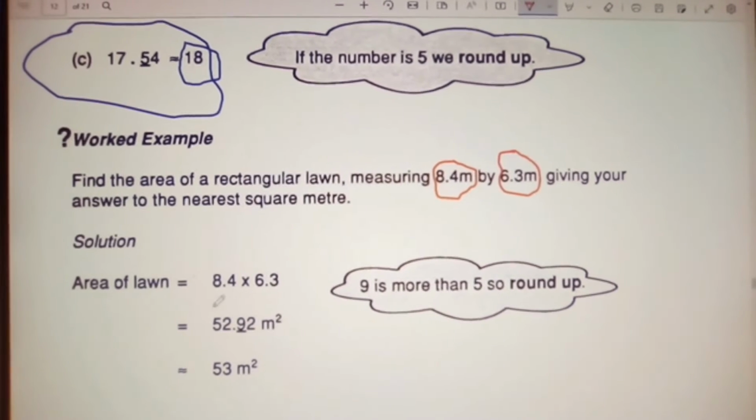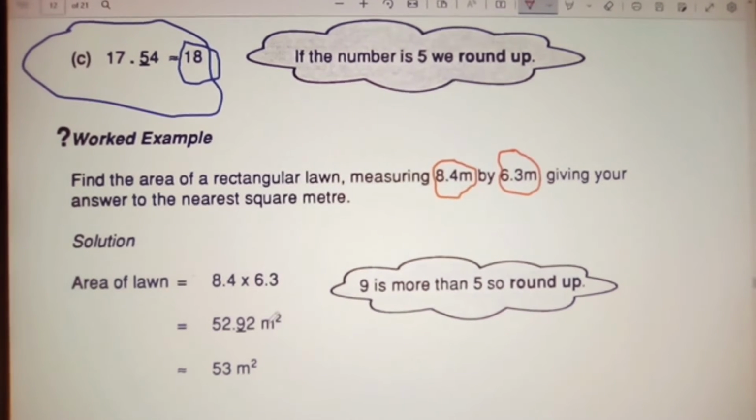Area of lawn. Okay, so when you multiply this out, you get 52.92 square meters. So therefore, 9 is way above 5. I apologize, you will round this up to 53 square meters.